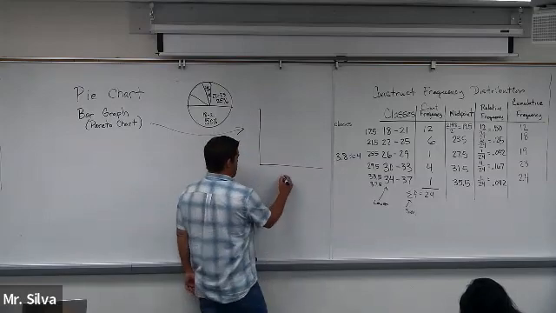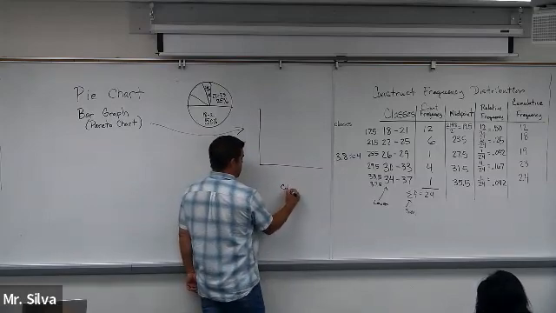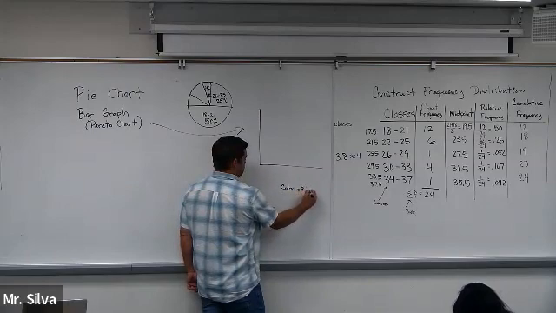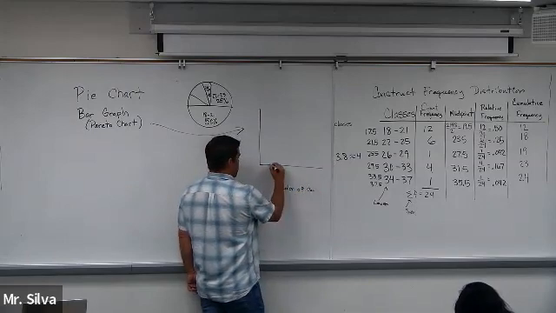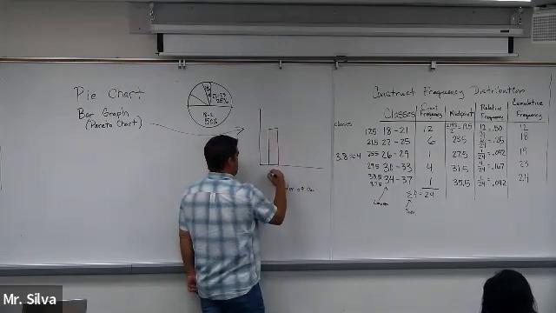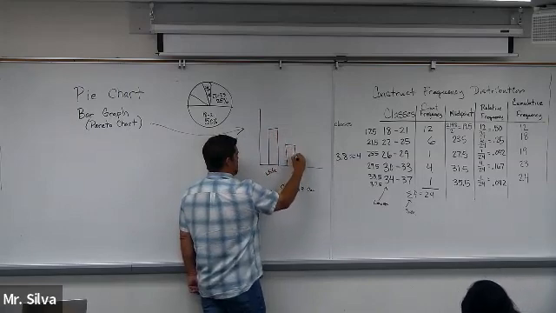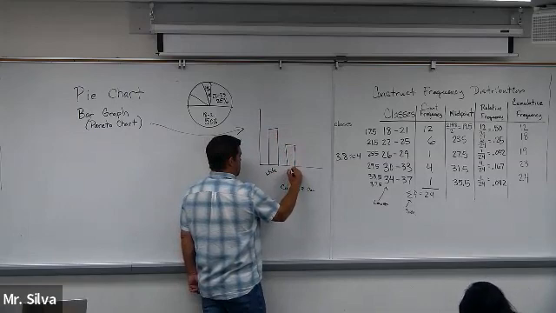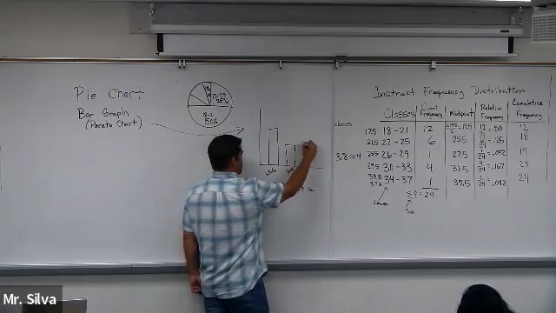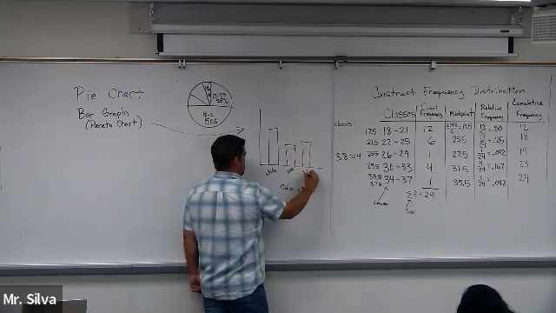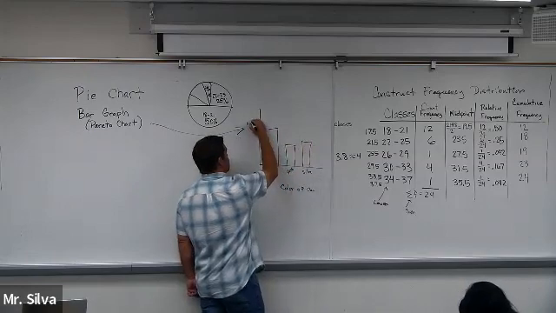So we have maybe the color of car. So then we have white car, and they're separated by gaps. We have yellow car. We have silver car. And over here we have percents.